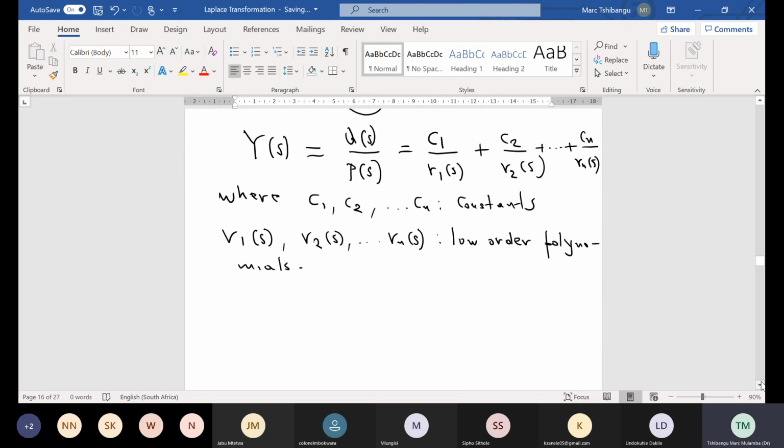By low order polynomials, that means you can have a first order, second order, and so on. So first step, you expand the ratio of two polynomials into a series of fractions. Second step, you need to compute the values of C1, C2, right? In other words, determine the values of the constants.